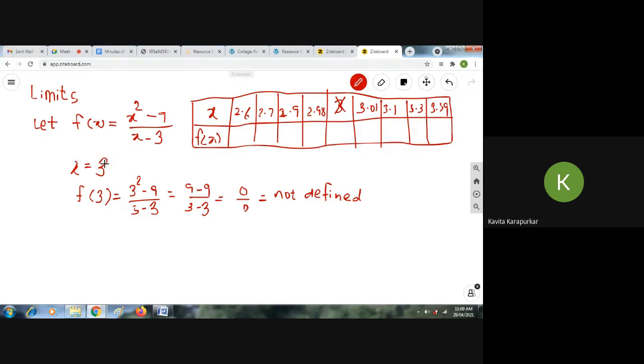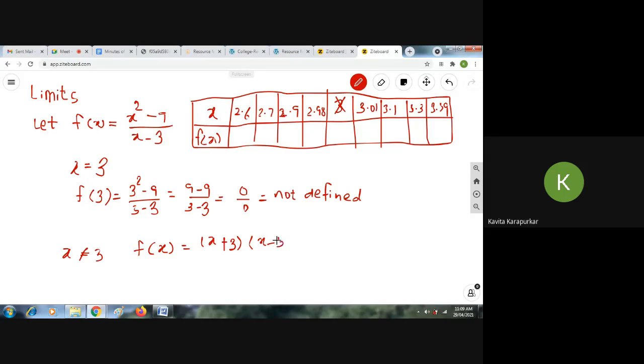Now, when I say that x is not equal to 3, you can observe that my denominator is not becoming 0, right? So, since x minus 3 is not equal to 0, I can factorize my numerator and cancel out x minus 3. I will repeat, we are taking x is not equal to 3, so that is why we can do this step.